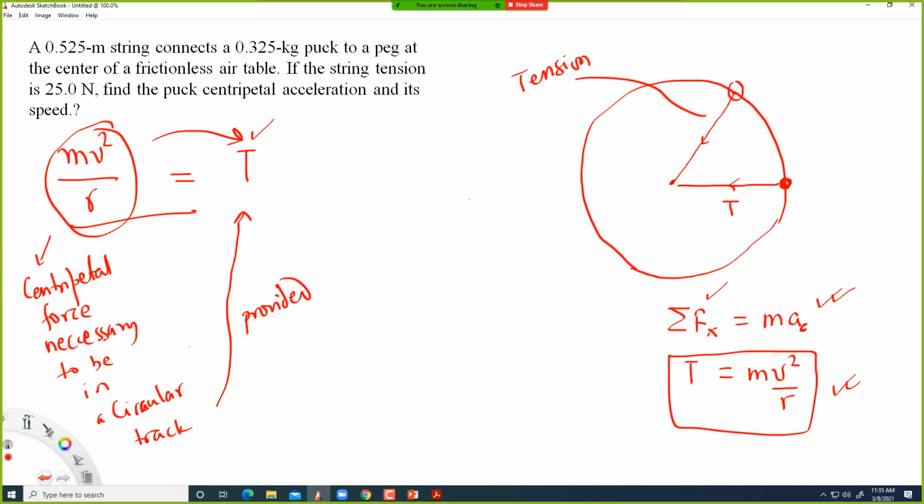So here we want to find centripetal acceleration and speed. So let's find that. Centripetal acceleration is v squared over r. That's the formula for centripetal acceleration. And how do we get v squared over r in this equation?